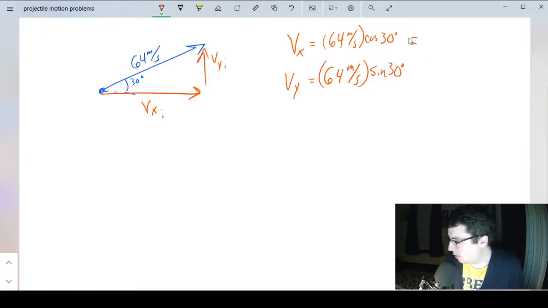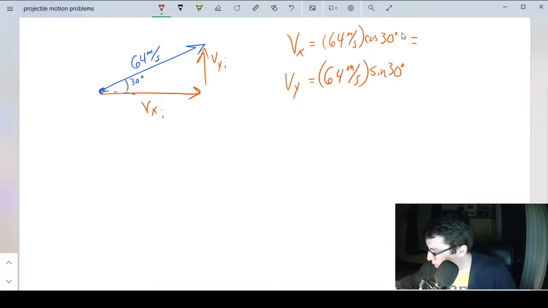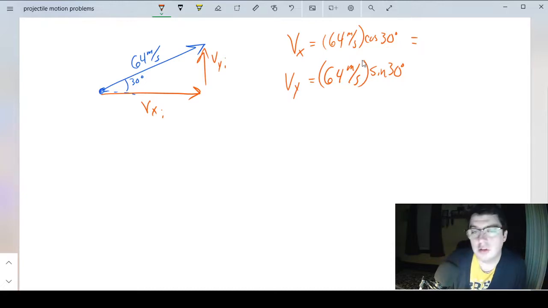So this gives us our x and y velocities. The y velocity is 64 times sine of 30, which is 32.